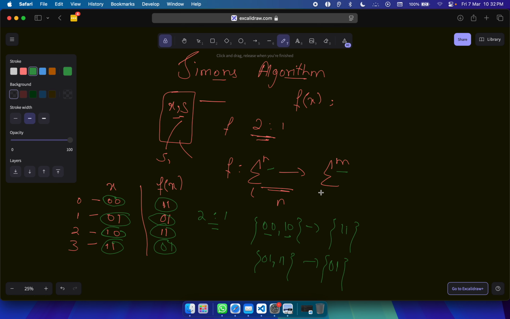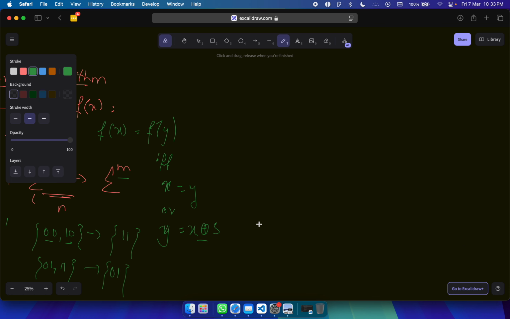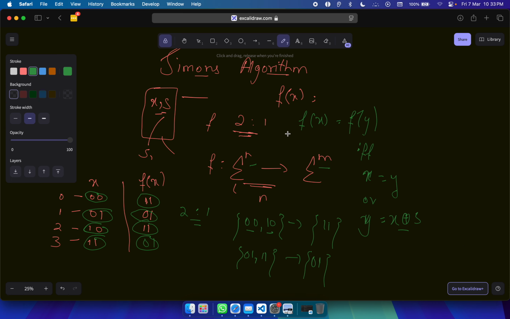So he says that our f of x will equal f of y if and only if, talking about the inputs, x is equal to y, or y is equal to x XORed with s. Now here's an interesting part. So our inputs, let me just copy this here.